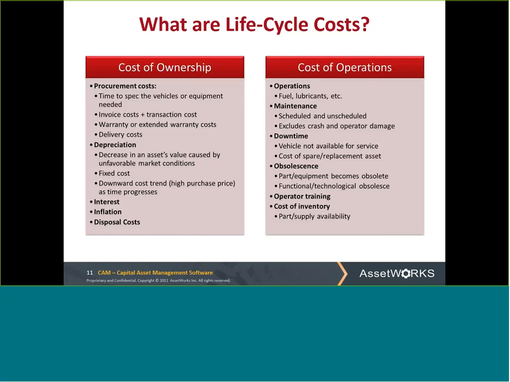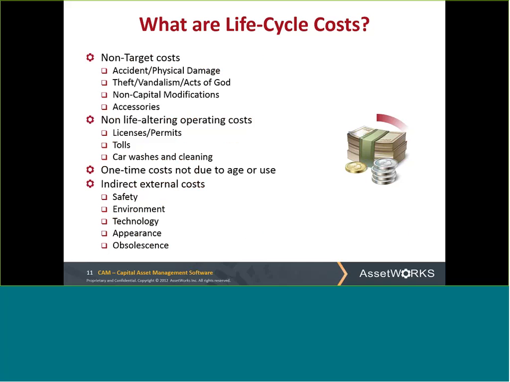Indirect things we exclude, and I'll talk about that more in a minute. Operator training up front, maybe something we include, and then a cost of inventory, overhead, those types of things. Typically those are expressed in markups to your parts operation, so it becomes part of the base cost of the vehicle. So those direct shop overheads typically get included through our markups and charges.